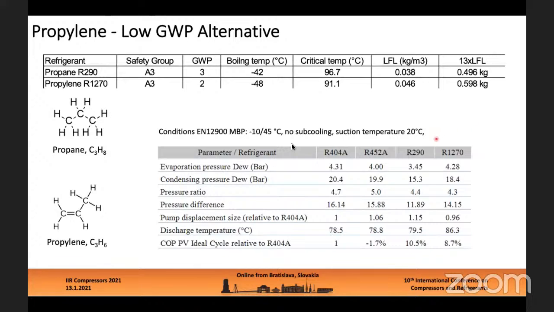Basic thermodynamic analysis performed at EN 12900 MBP conditions shows higher specific cooling capacity, which is good because, compared to propane, we can keep similar displacement to a 404A compressor and achieve high efficiency like propane. So propylene is providing higher capacities and a higher charge limit compared to propane.